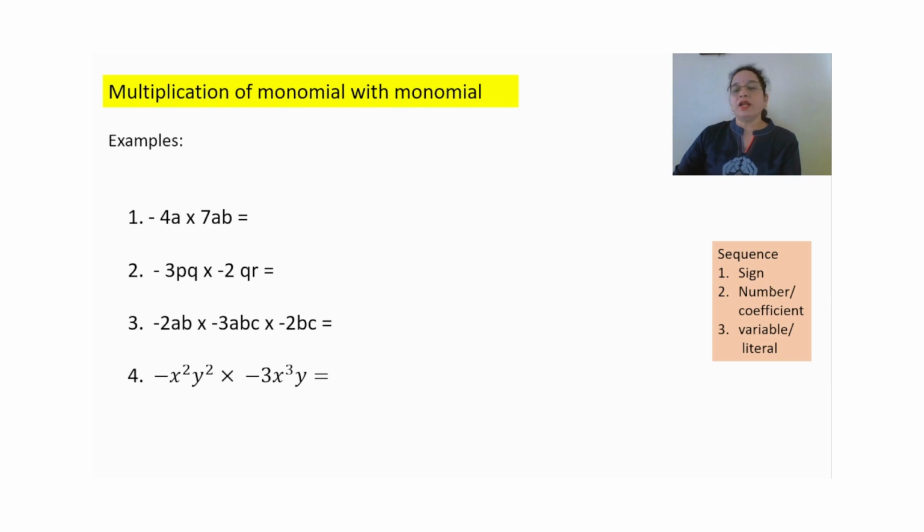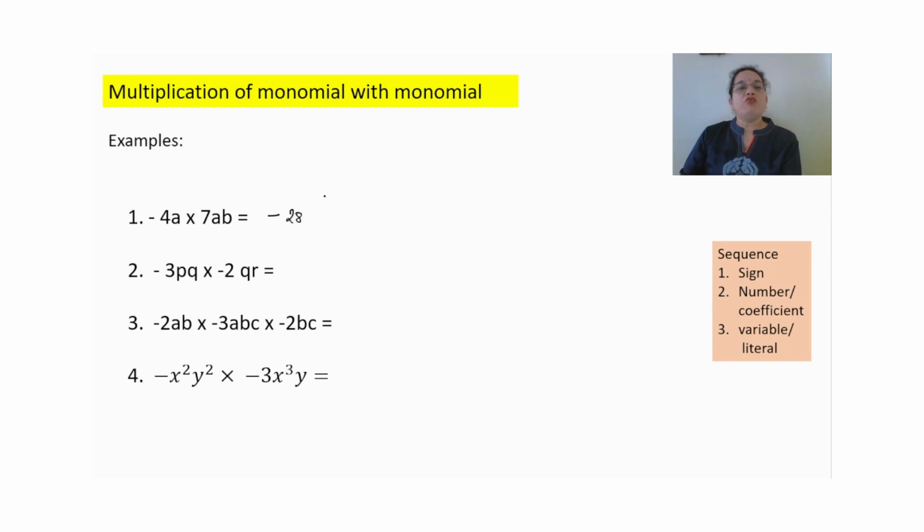Whenever we write, the sequence is always first we write the sign, then we write the number, or you can say coefficient, and then we write the variable, you can say literals. Okay. So the first thing, the total number of negative signs is 1. So we will write down here 1 minus sign. 4 into 7 will give you 28.